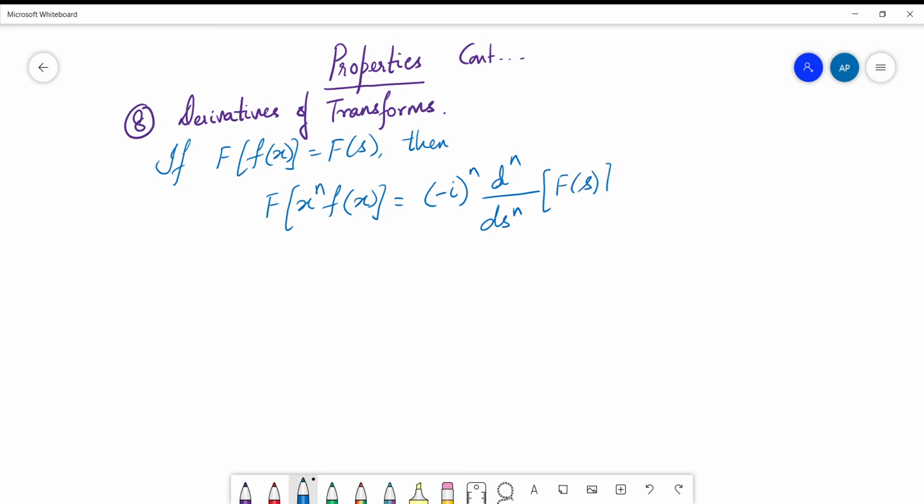Now this result is very important from the problem point of view, because we are normally asked what is the Fourier transform of x into f of x or x square into f of x, in which case property 8 has to be applied.